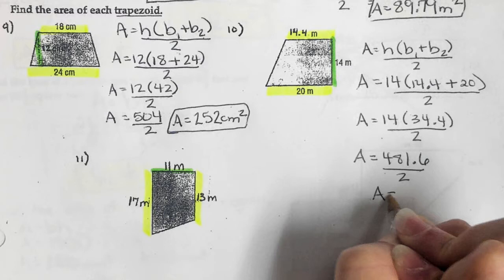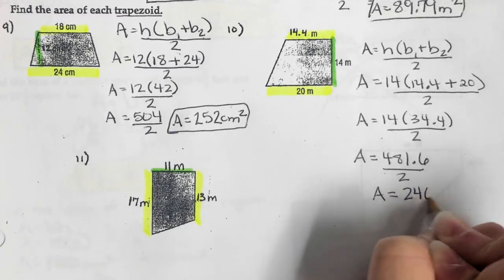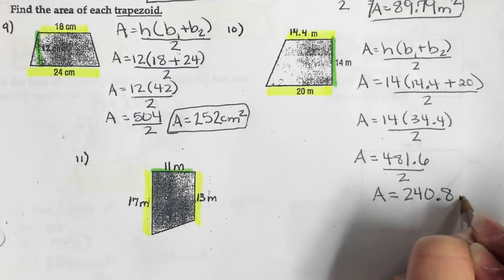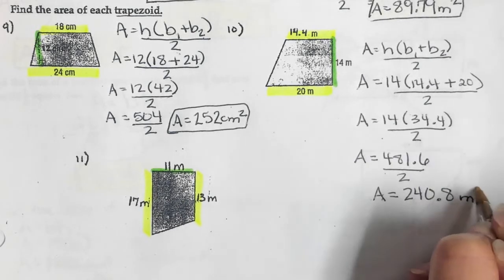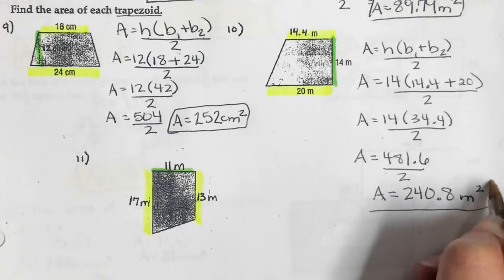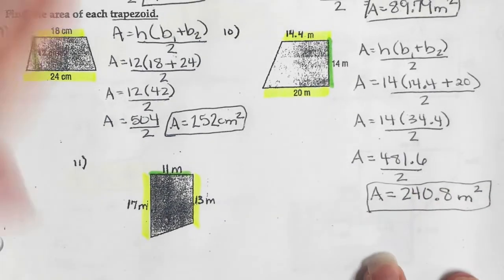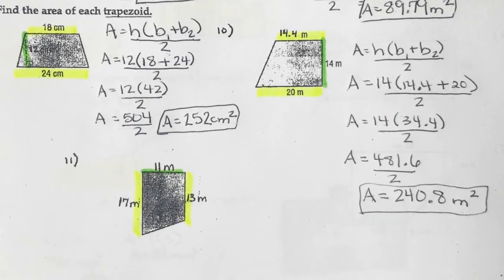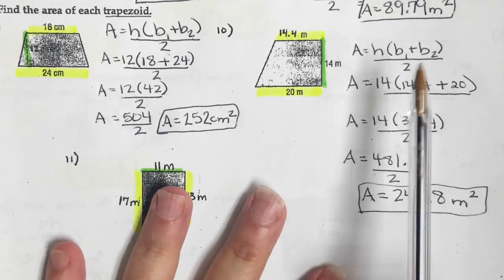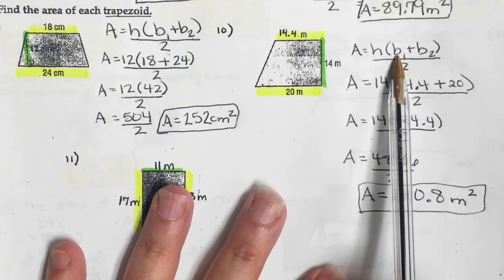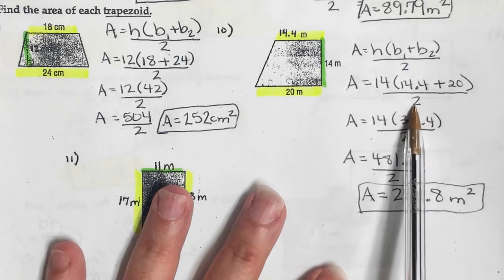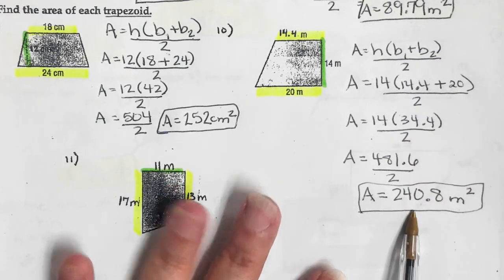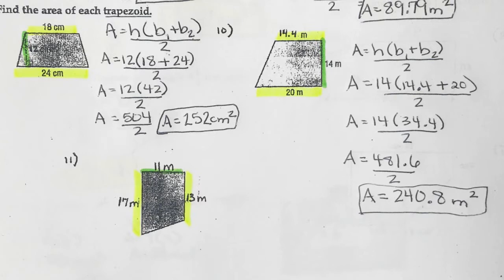Divide by 2 gives me 240.8. I look back up there and it's meters, and because it's area, it is squared. It's a lot of work, guys. It's a lot of paper and pencil. Show your steps. I know for a fact that the formula is like 2 points and filling it in is 2 points. This might only be 2 points, and then that's 2 points, but it adds up. They're like 8 points each or something.